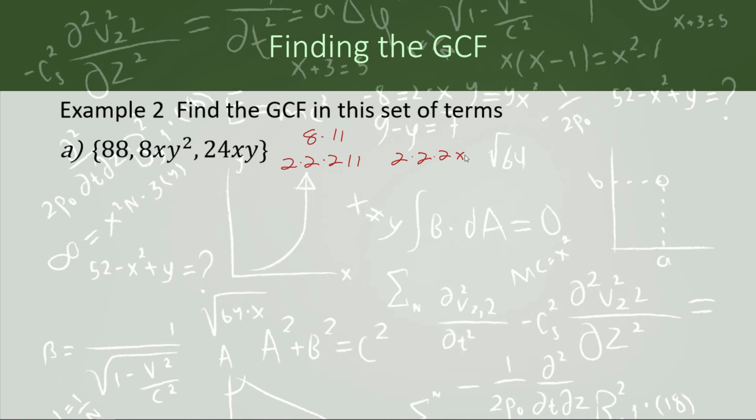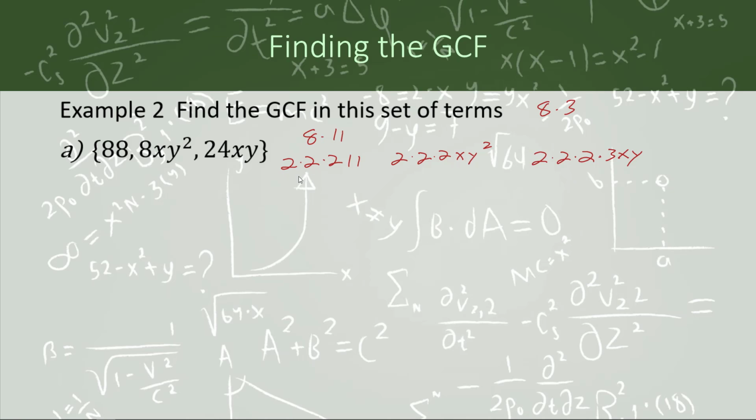Then we have xy squared. And then finally, the prime factorization for 24 is going to be 8 times 3, where 8 is 2 times 2 times 2. So this will be 2 times 2 times 2 times 3 times xy.